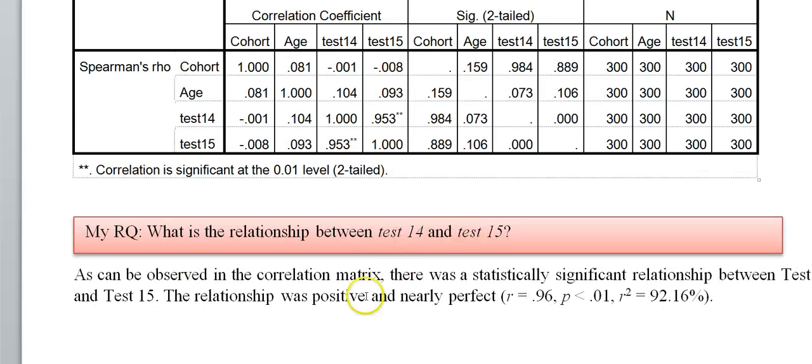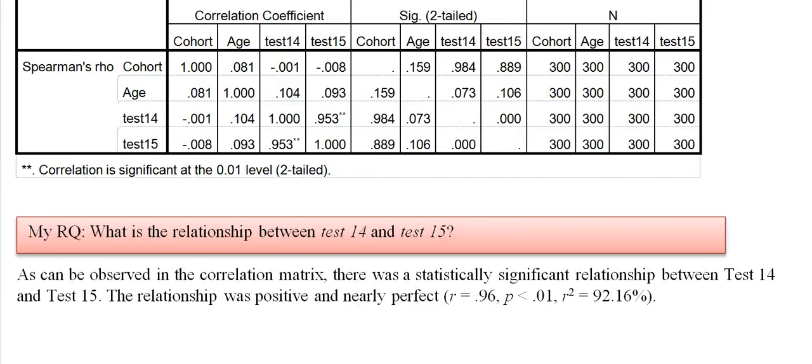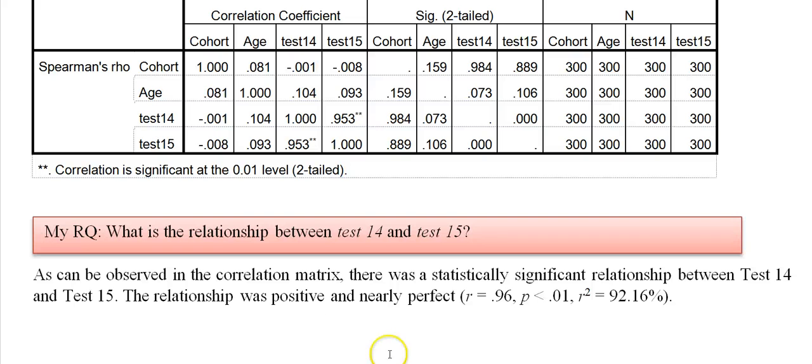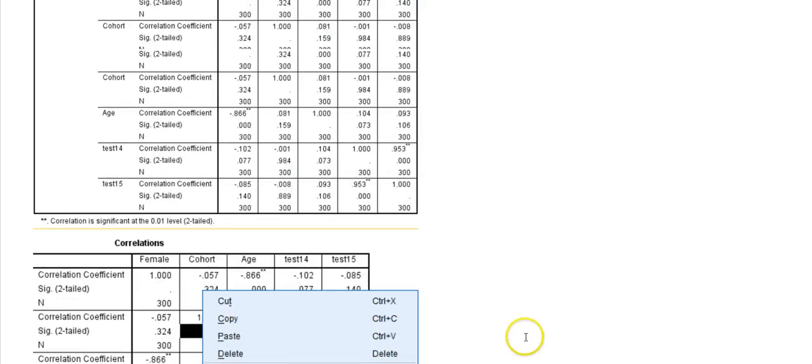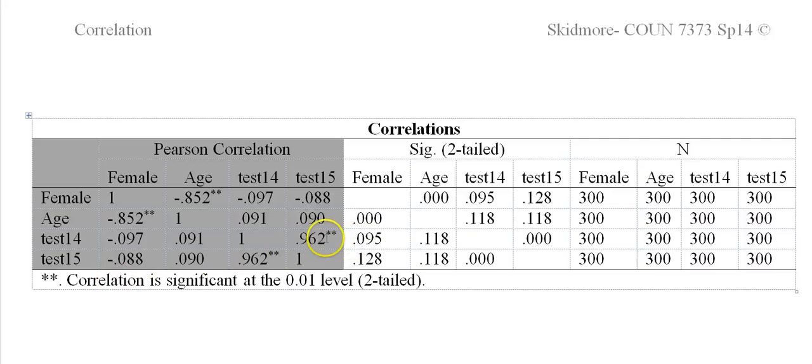So as can be observed in the correlation matrix, there was a statistically significant relationship between test 14 and test 15. The relationship was positive and nearly perfect. And so you have a 0.96, which remember is the Pearson R for test 14 and test 15.